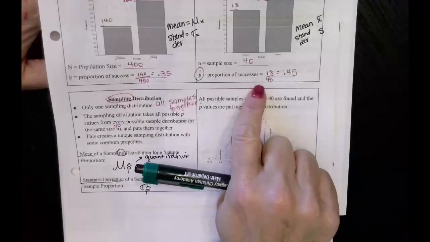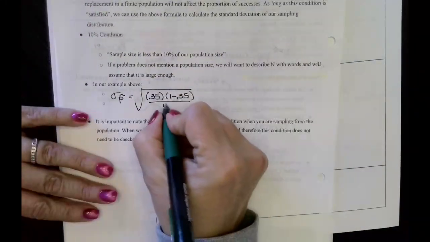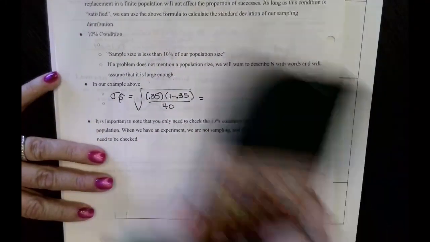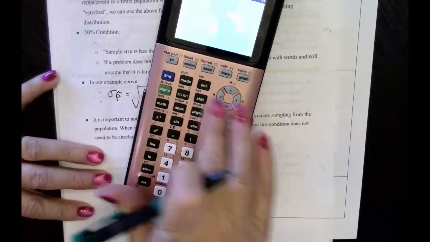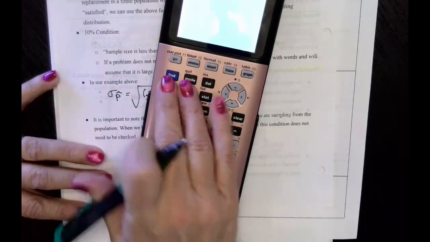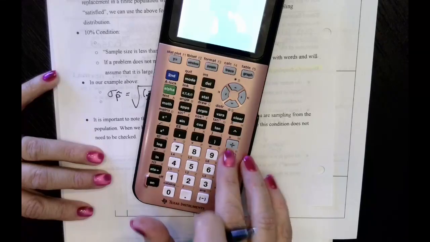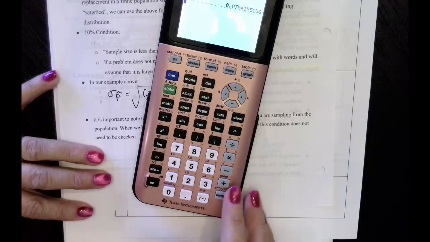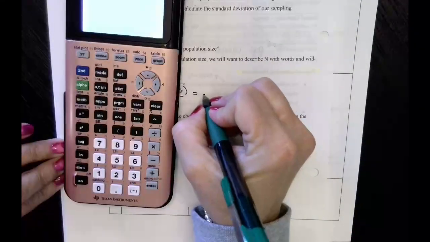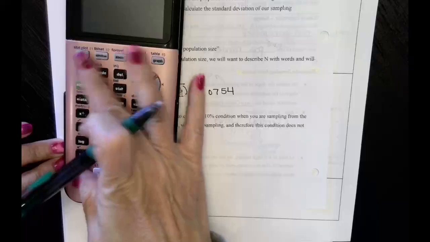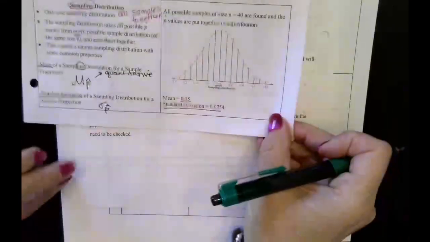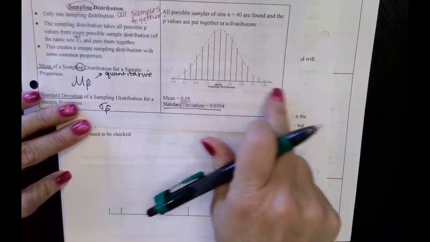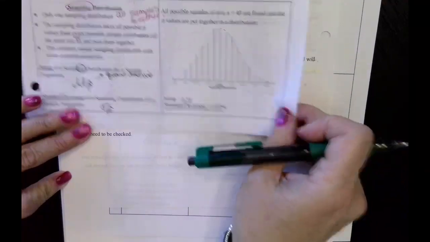And our sample size, if we go back to this example, was 40. So we put this value of 40 in here, and we get the square root of 0.35 times 1 minus 0.35 all over 40. We get this value here of 0.0754. And that's where this value came from in this normal curve that we had.